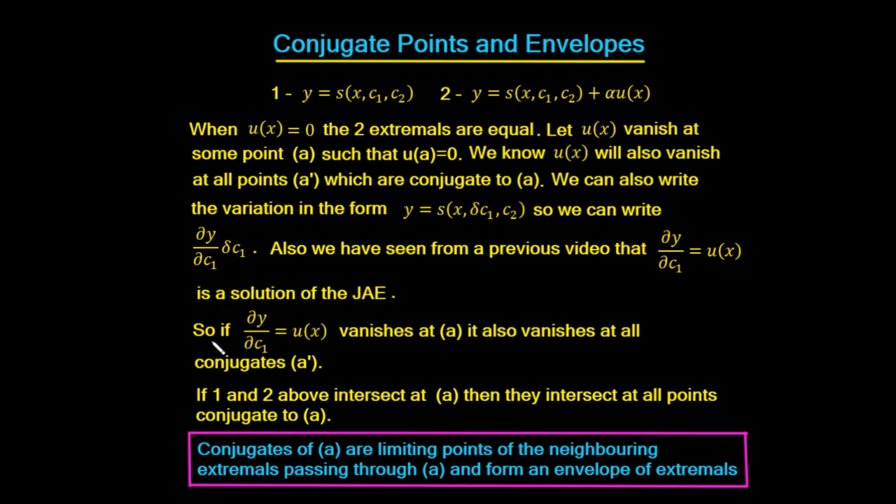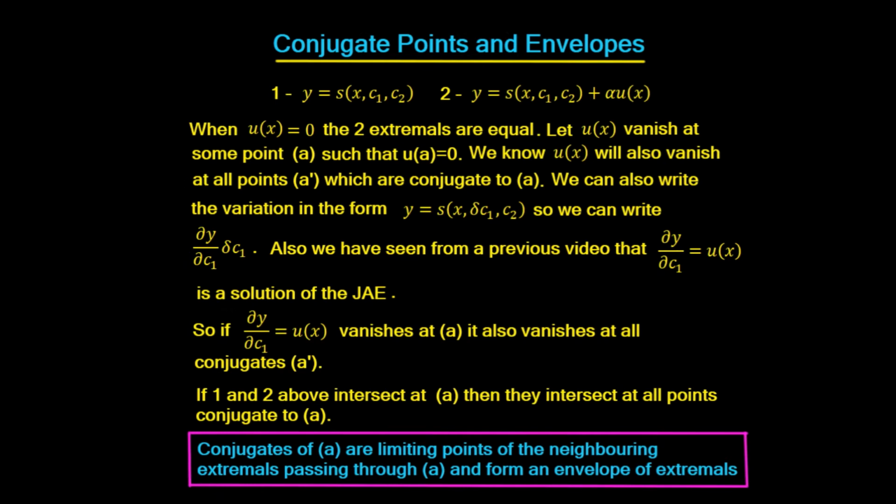So it means that if this delta y upon delta c1, which is u of x, vanishes at a, it also vanishes at all the points which are conjugate to a. So it means that when the equations 1 and 2 above, that's these two equations, which is the original extremum and the second extremum, so this is the original extremum with a variation added on, when both of those intersect, if they intersect at point a, then they're going to intersect at all points which are conjugate to a.